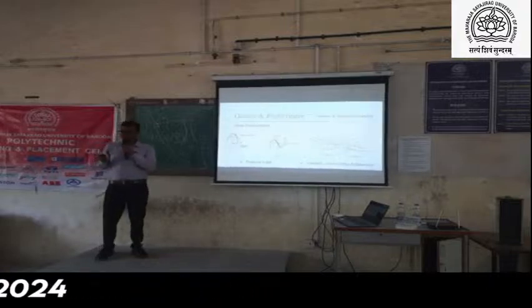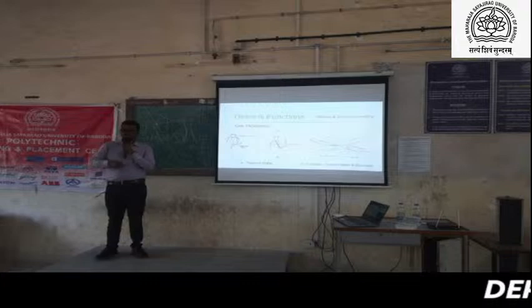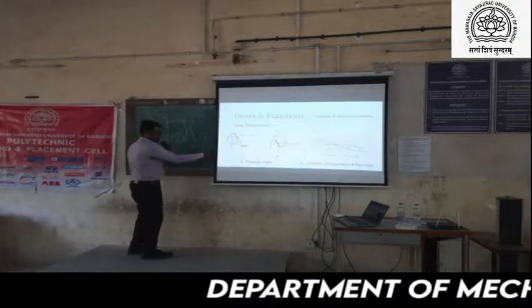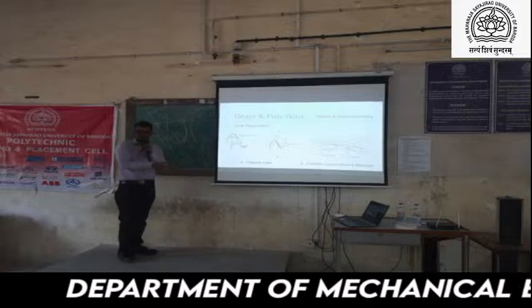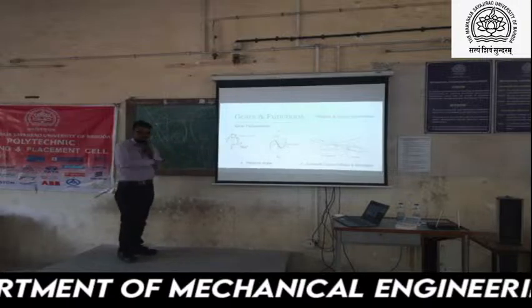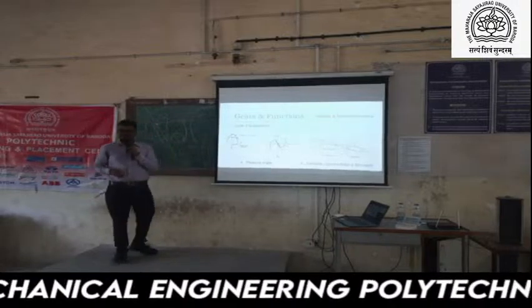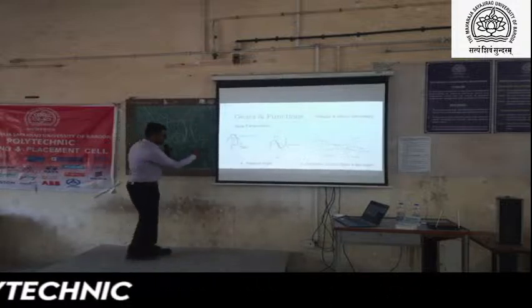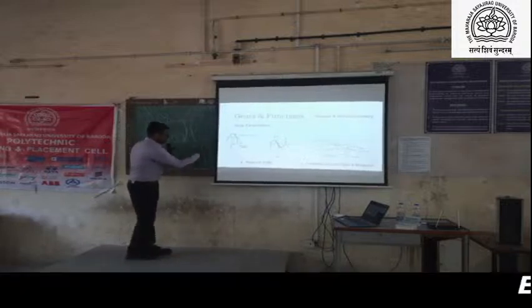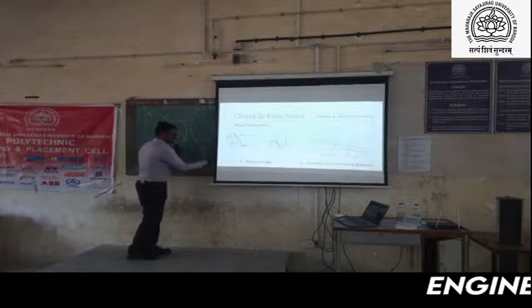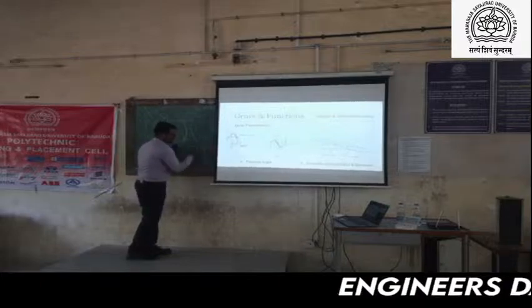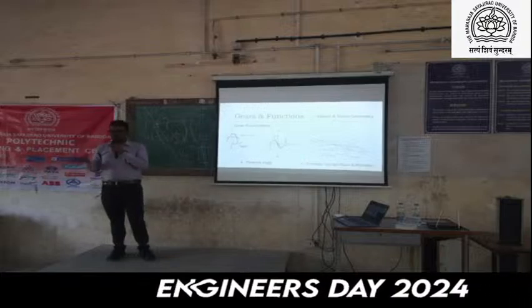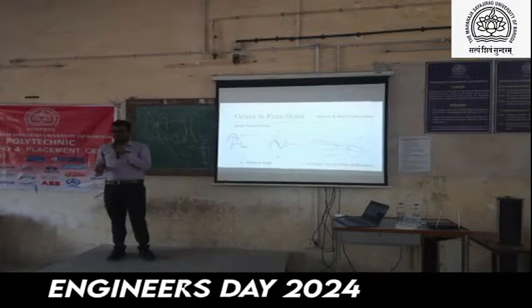Everyone can catch me now? If you have any doubt, just hold me there. So this is the transverse contact. Then the overlap ratio. What is overlap? See, here also the flank is getting contact, here also the flank is getting contact. How is it increasing the contact for spur and helical?